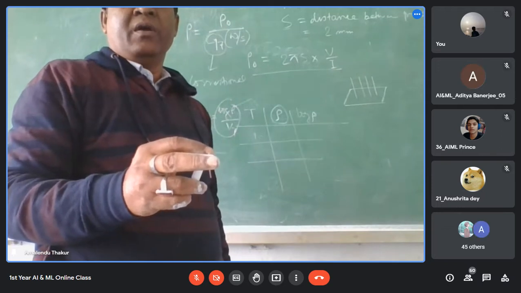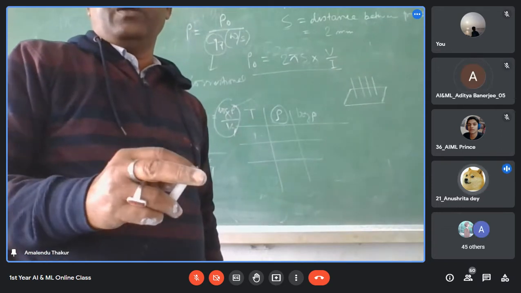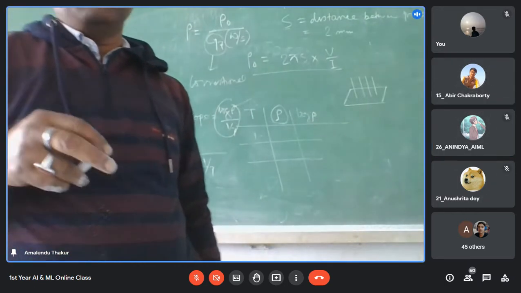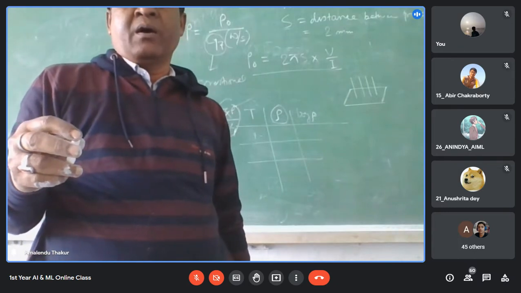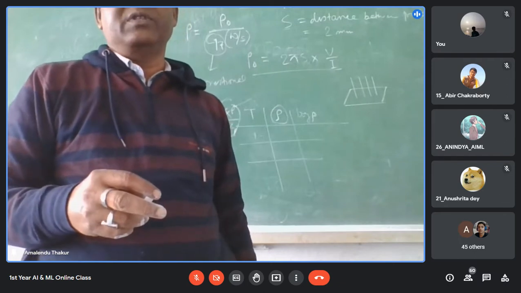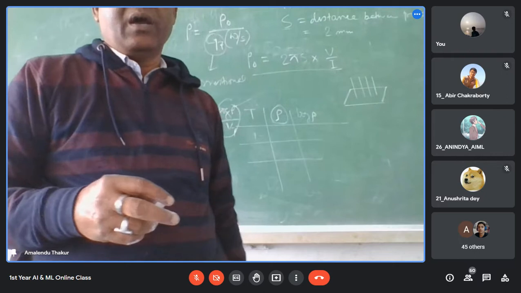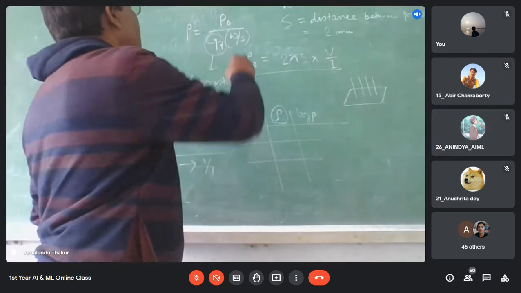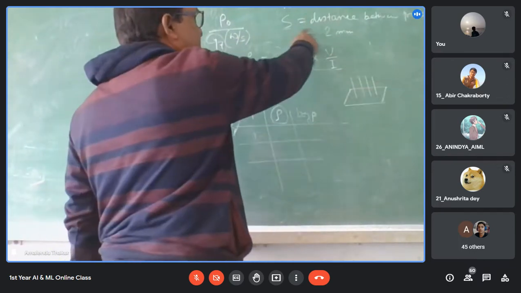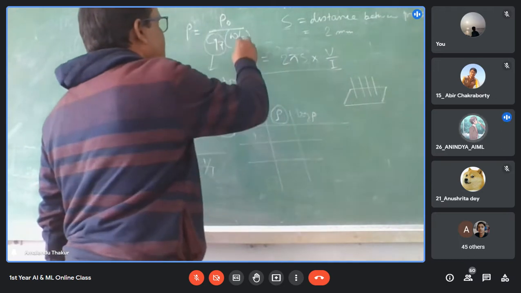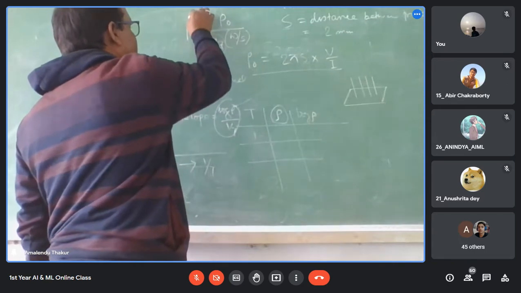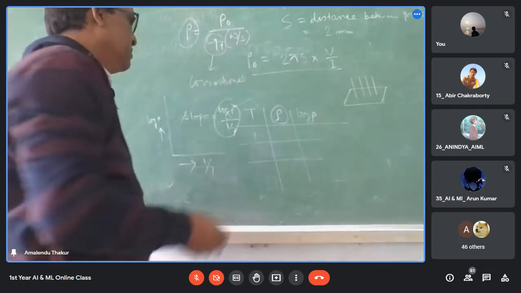G7 here is the correction for a semiconductor like germanium, and it is a function of W by S, in brackets. W means the thickness of the semiconductor, and S is the distance between the probes. This correctional term is used to get the actual resistivity of this semiconductor.